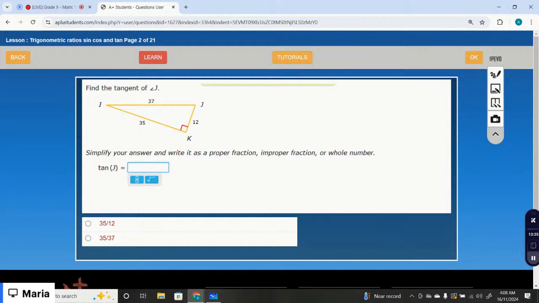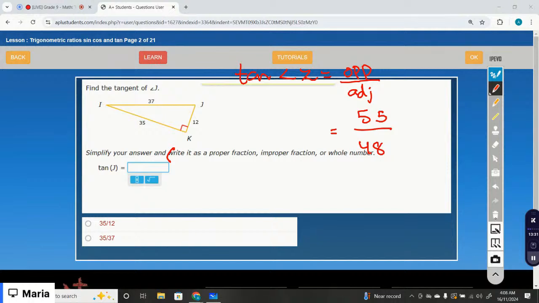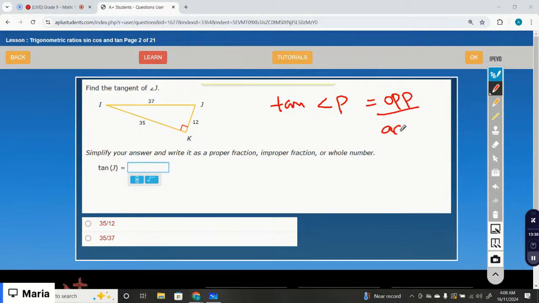Find the tangent of angle J. So tangent of angle J is opposite divided by adjacent.